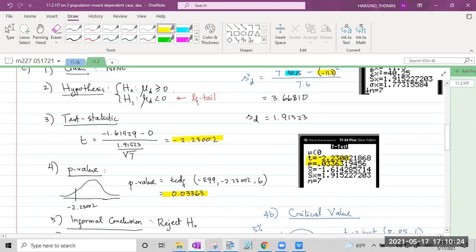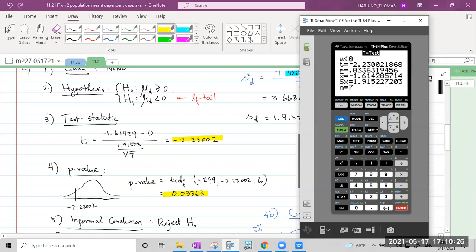Now, we can actually do the following too. You go to stats, and then test, t-test. Remember that we already have the data, from list number 3. So you go to data instead of stats. Then they will ask you, what is your mu0? That's 0, that's your mu d.